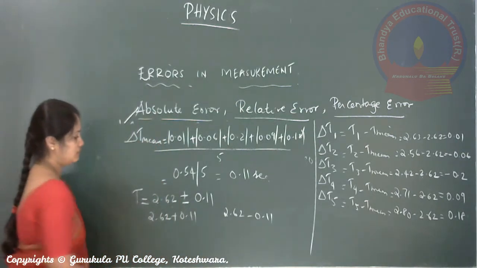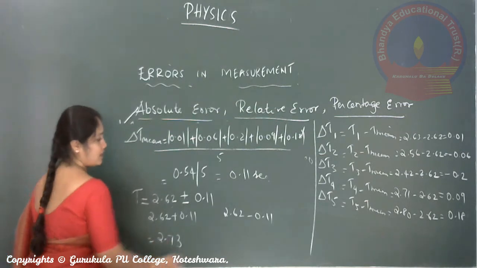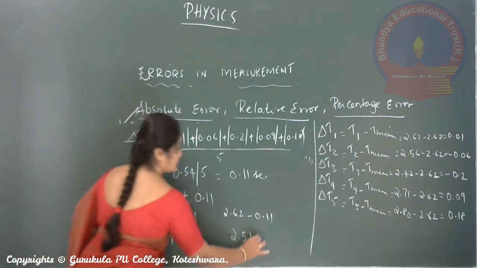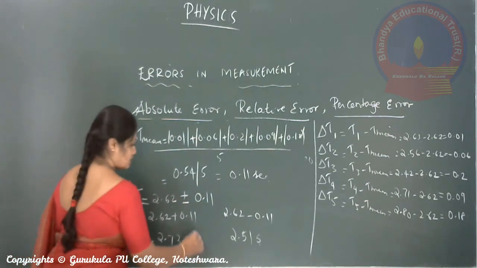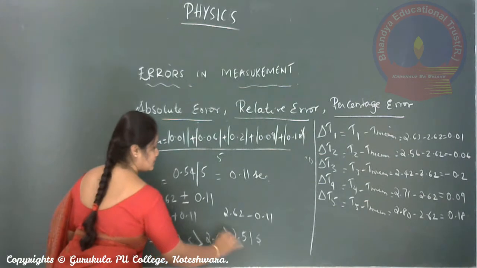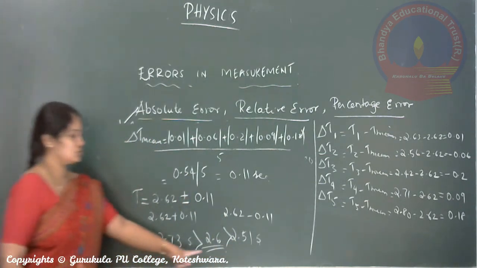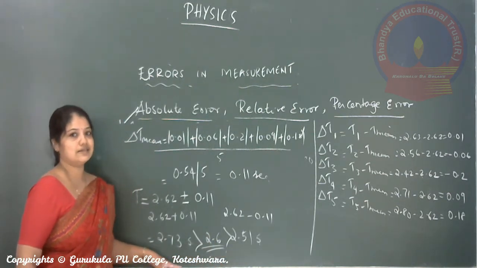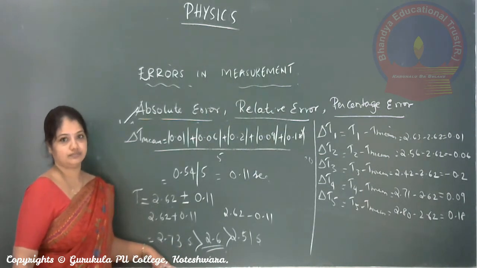So here it will be 2.73 and here it will be 2.51 seconds. So basically it means that it is between these ranges. That is how I am going to calculate my absolute error over here.